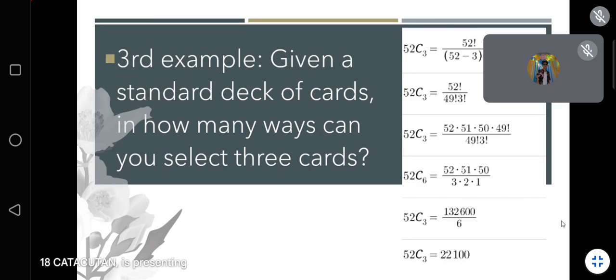Cancel out both 49 factorials and now we will have 52 times 51 times 50 over 3 times 2 times 1. Multiply and now we have 132,600 over 6. Divide them and then the answer will be 22,100 ways to select the 3 cards from a standard deck of cards.